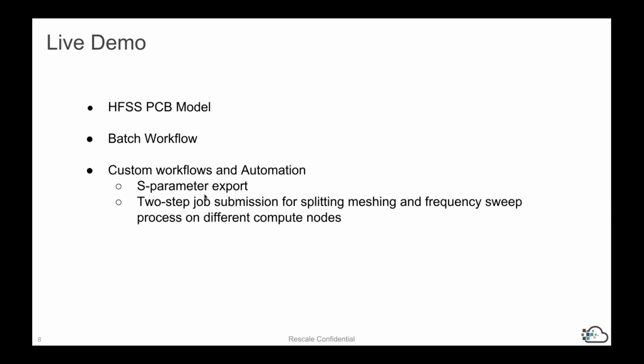Also, you might want to break the problem into two steps. Typically, you might want to use fewer cores for the meshing, and more cores for the frequency sweep, right? Those are all available on the platform today. With that, let me jump into the demo.